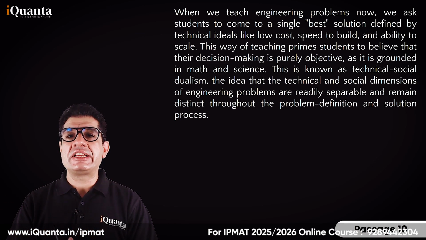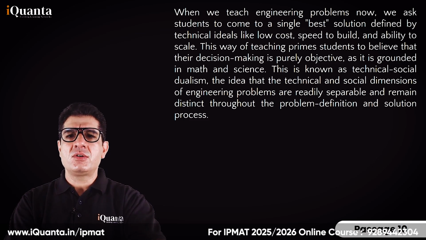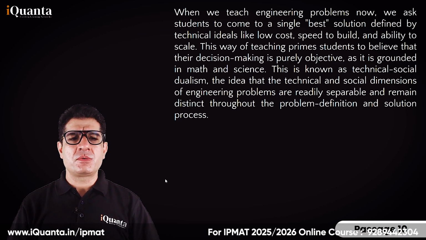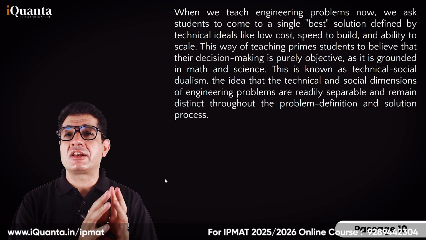Now this way of teaching primes students to believe that their decision making is purely objective. Now what do you understand by the word prime? Prime as a verb is to tell someone something that will prepare them for a particular situation.